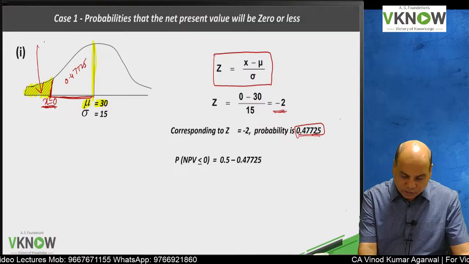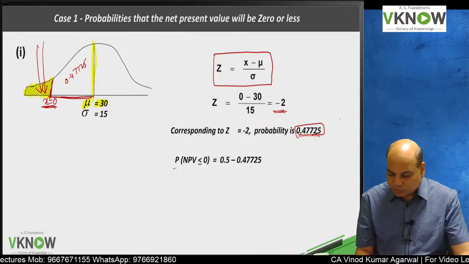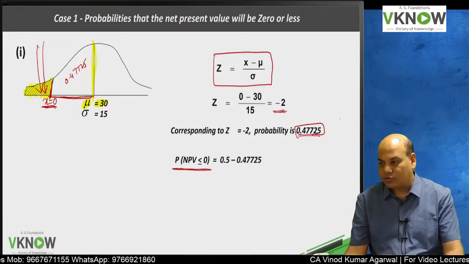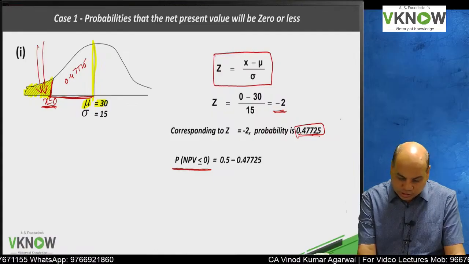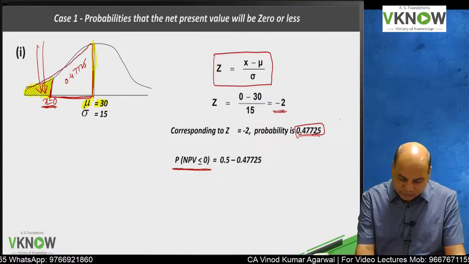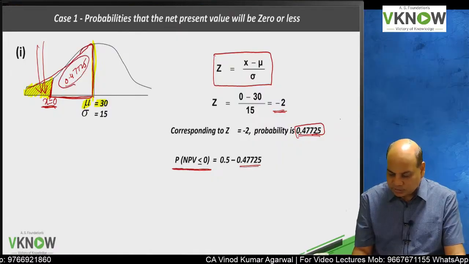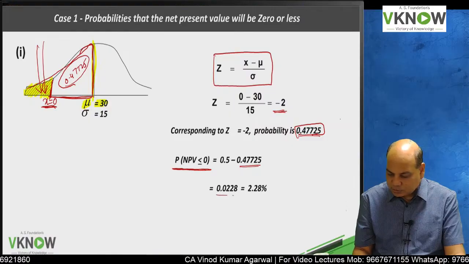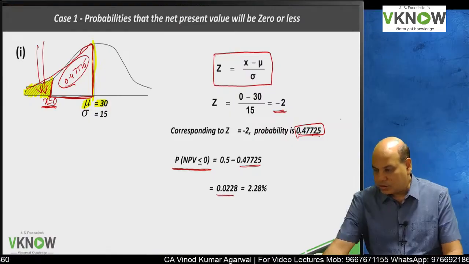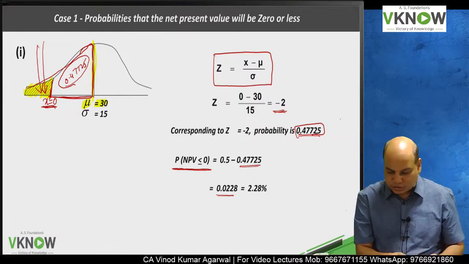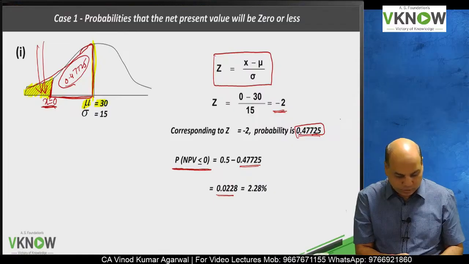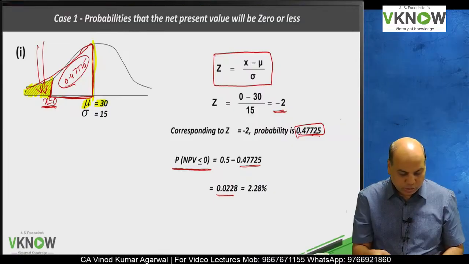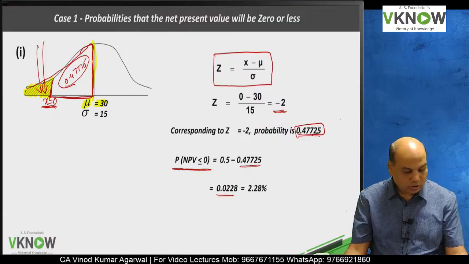I want the probability of this area. So write down probability of NPV less than or equal to 0. Total area is 0.5. Remove this part. The balance part is 0.0228 or something approximately. Just check: 0.5 minus 0.47725, 0.02275.